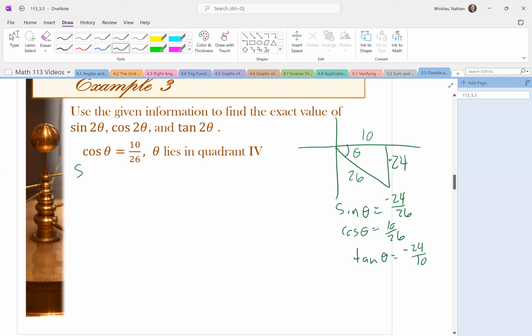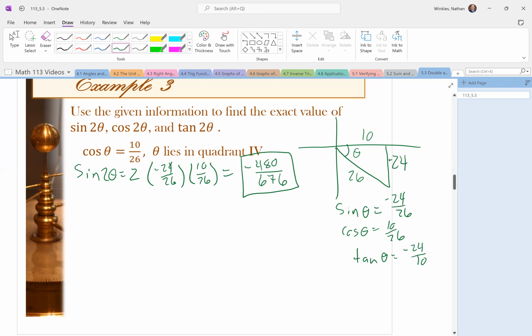Now, let's find everything we need. So sine of 2 theta is 2 times sine theta, so negative 24 over 26, times cosine theta, which is 10 over 26. If we were to do this, we would get negative 480 over 676.